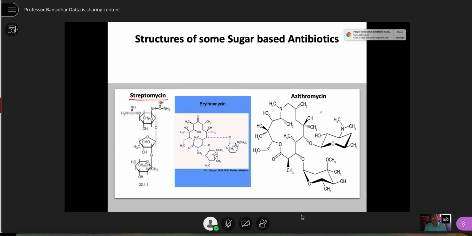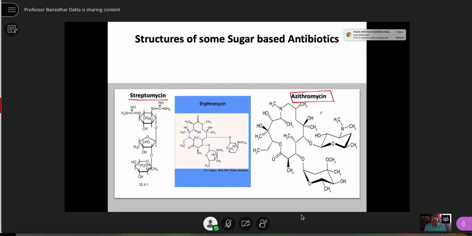Azithromycin is derived from erythromycin. Azithromycin is universal. It's used all over the world to kill bacteria. Nowadays it has also been used to slow the growth of COVID-19.